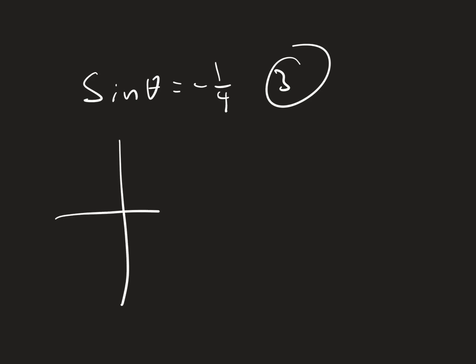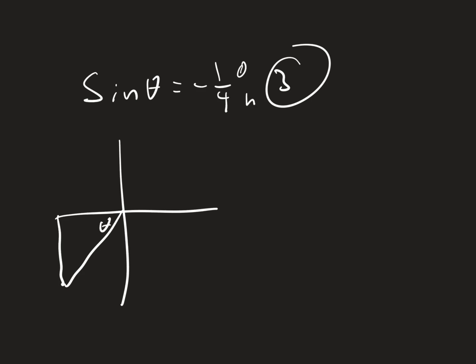Okay. What about the next one? Question number 8 says the sine of the angle equals negative 1/4, and it's in quad 3. So I'm going to draw my triangle over here in quad 3. Here's the reference angle. This is the opposite.